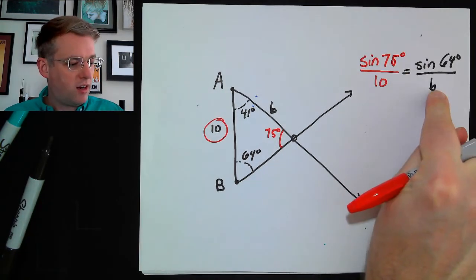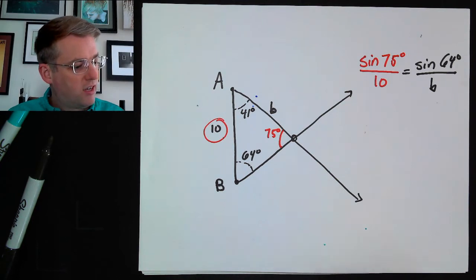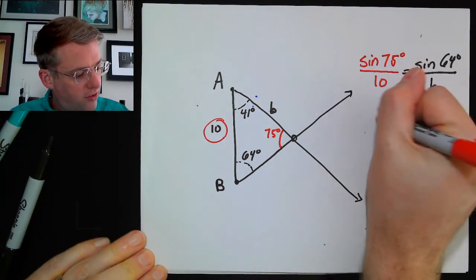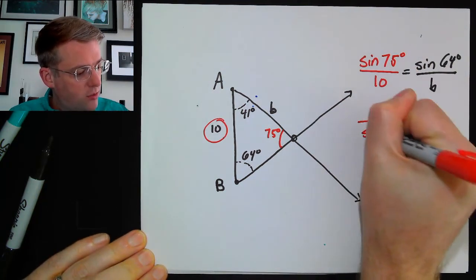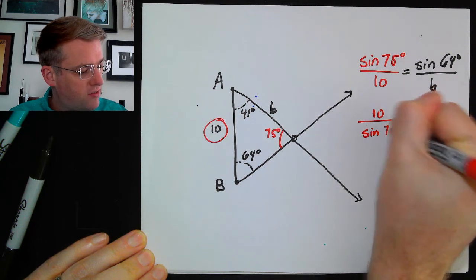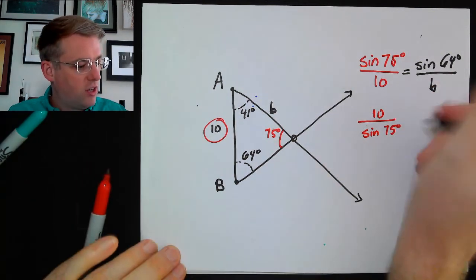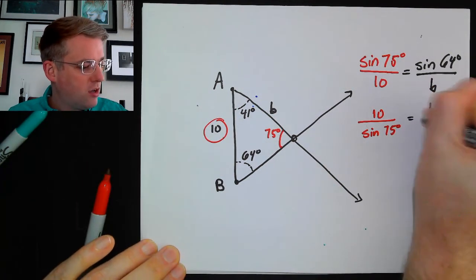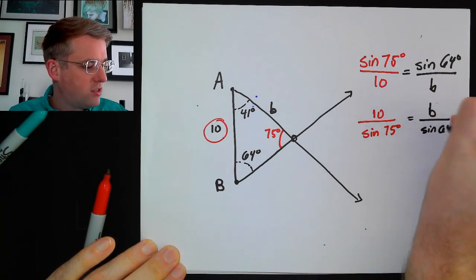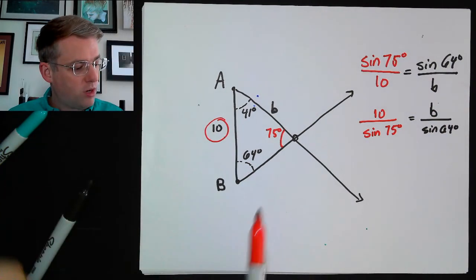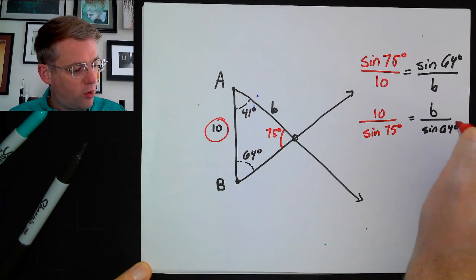So now we have to get our proportion solved. I like to flip both fractions. The reciprocal 10 over the sine of 75 degrees is going to equal the reciprocal b over the sine of 64 degrees. And then we're going to multiply both sides by the denominator with the variable.